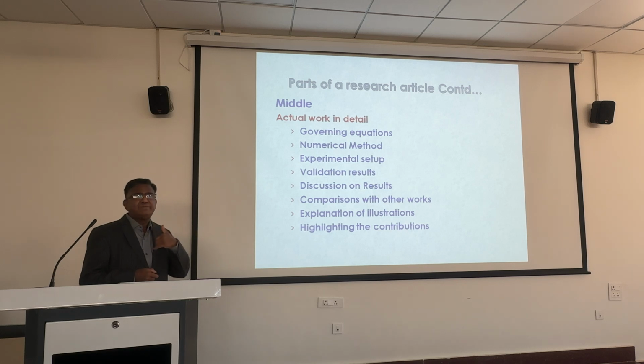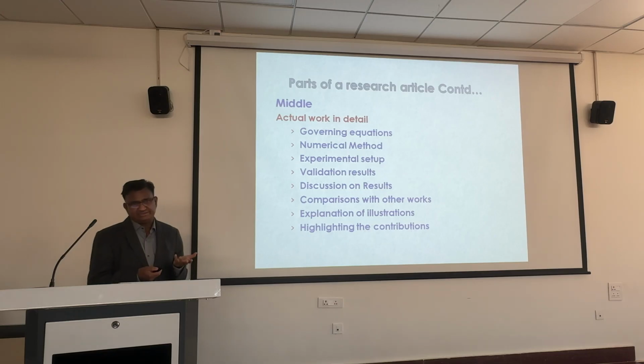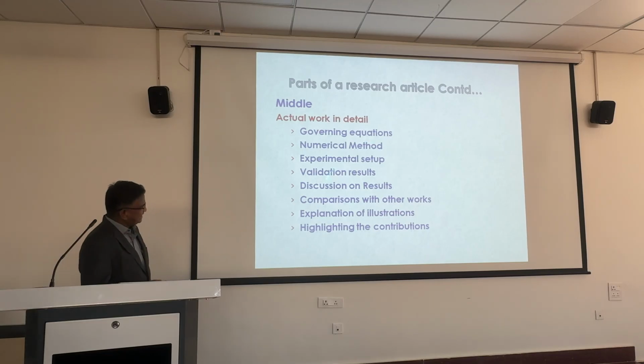Finally, you have to make use of the propagation of error principle from statistics. You might have studied this, and then find out what the total error is in the final parameter which you are computing, right? So this is what we call experimental setup and validation of results.